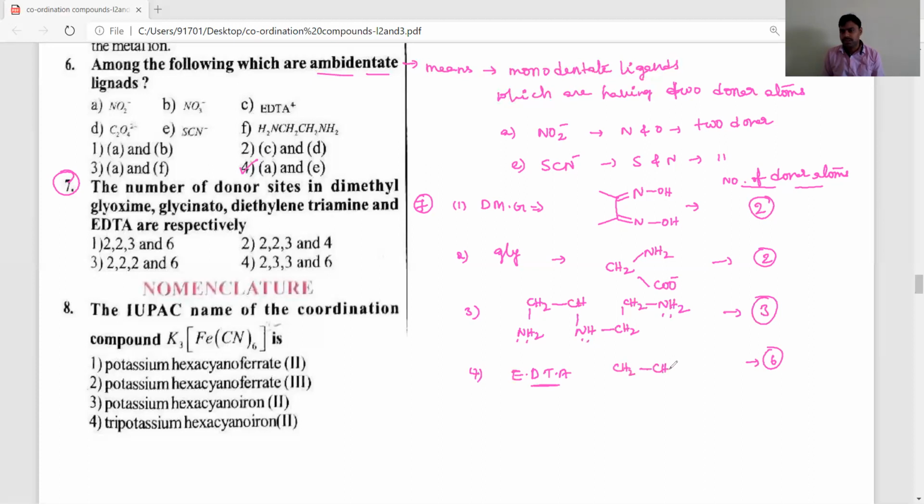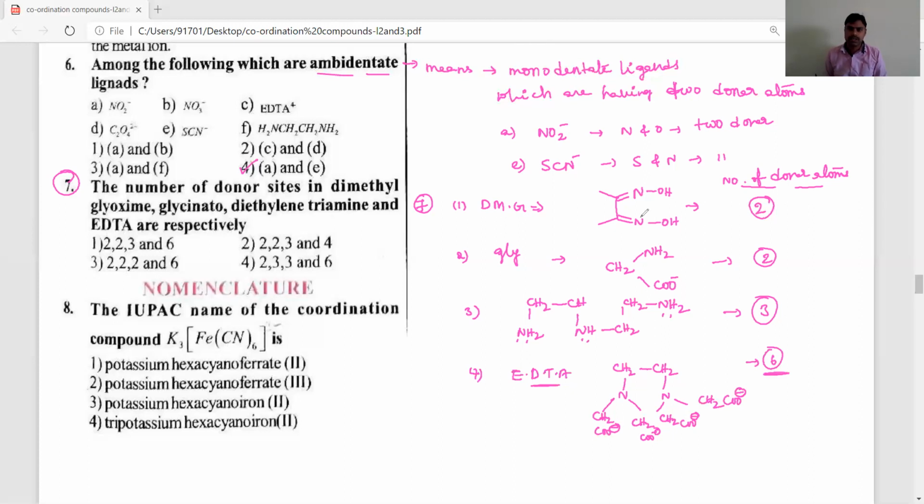This is the structure of EDTA: CH2 COO minus and CH2 COO minus here, and CH2 COO minus and CH2 COO minus here also. Here a total of 6 donor atoms are present.